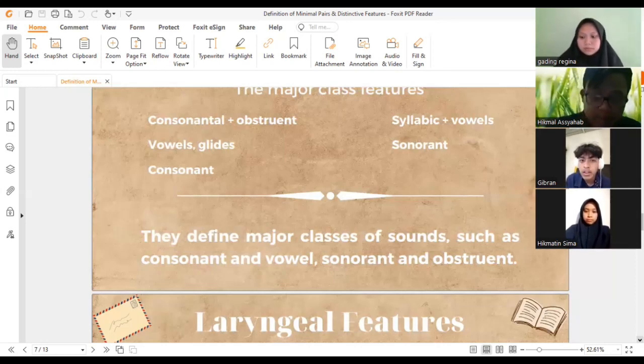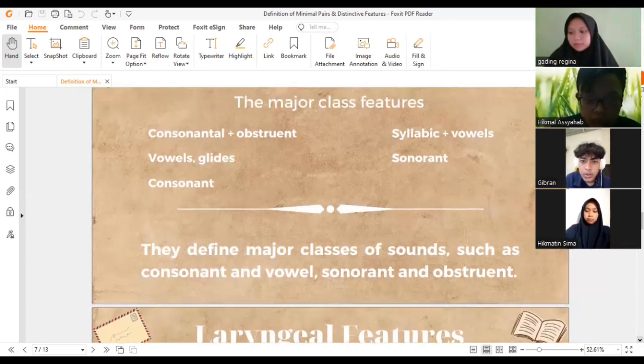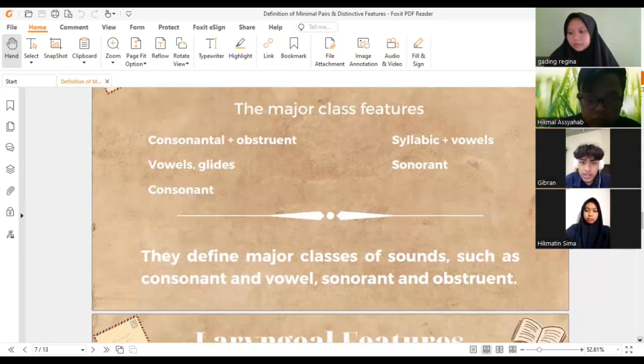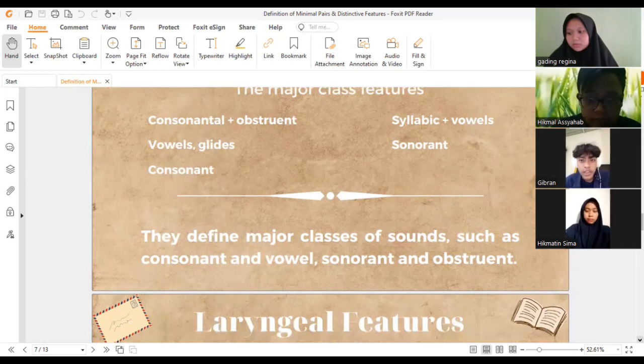Okay, next there are manner of articulation features. Continuant sounds are those produced without a central blockade in the vocal tract. For example, fricatives have a central constriction, but there is no complete blockage of the air in producing these sounds.